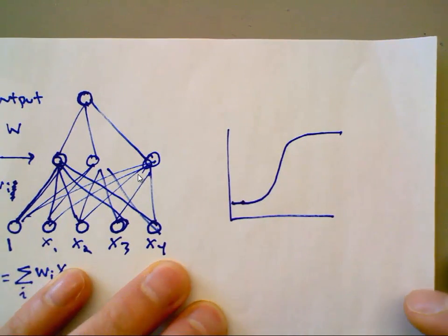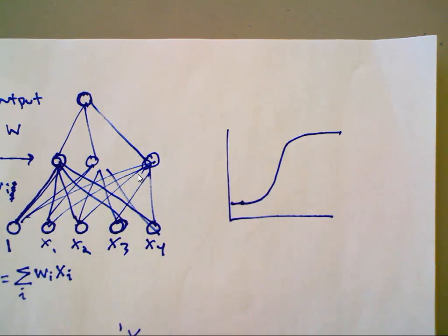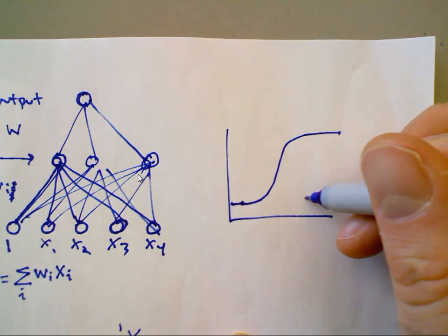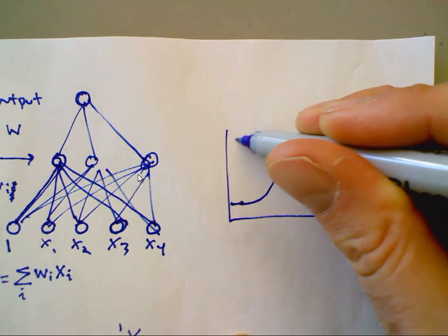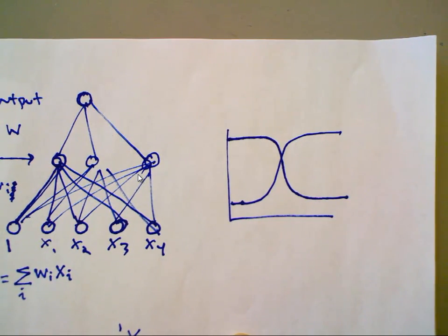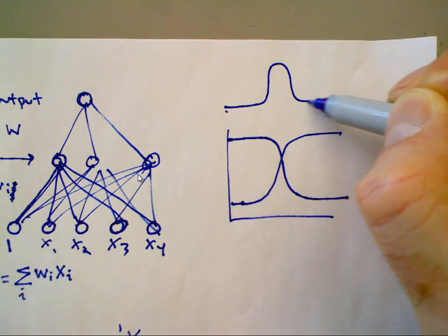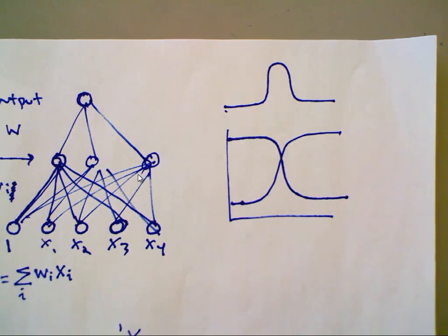If I have another hidden unit where the weights are all negative, I'll get the inverse response like that. If I sum these together, I'm going to get something that looks like that. So the sum of nonlinear functions gives me this bump.